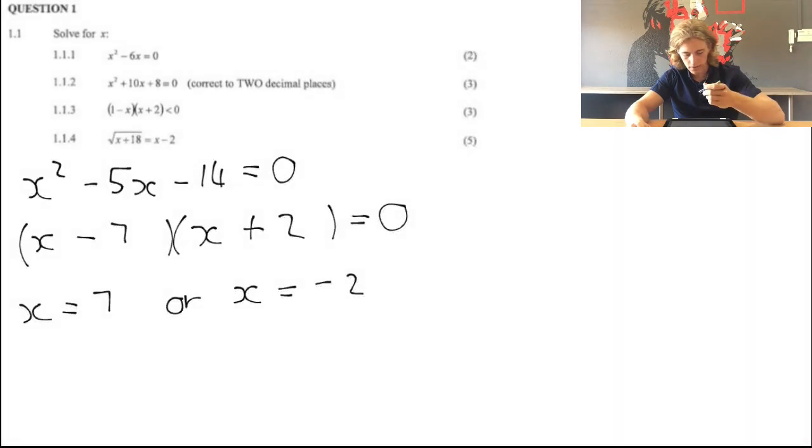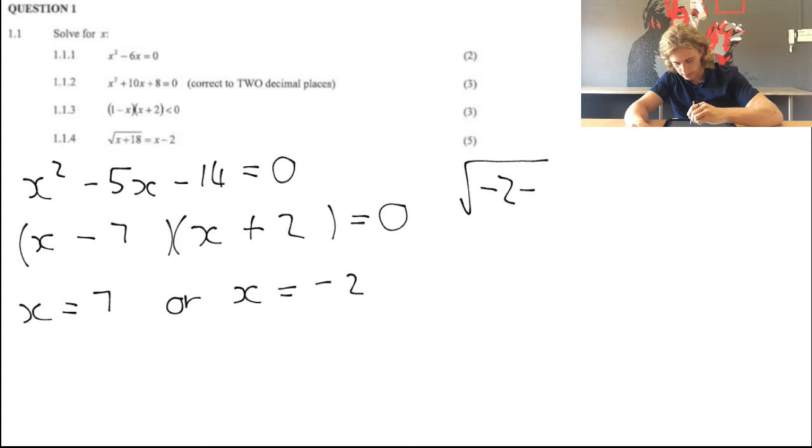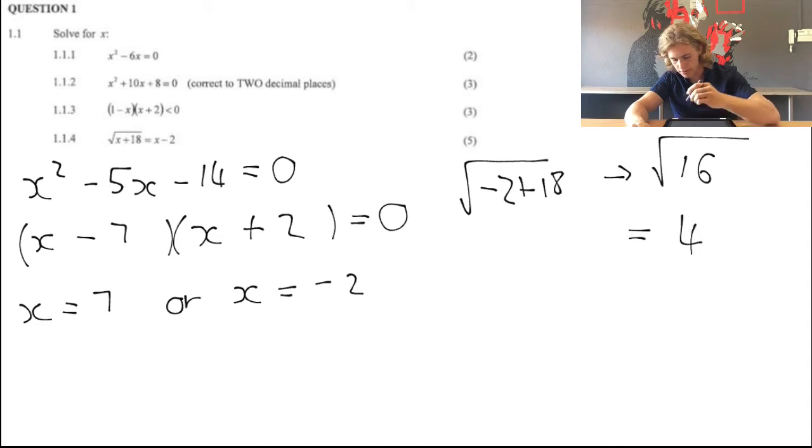Checking the left-hand side with x equals -2, we have a square root with -2 plus 18, which will equal root 16, which is equal to 4 on the left-hand side.